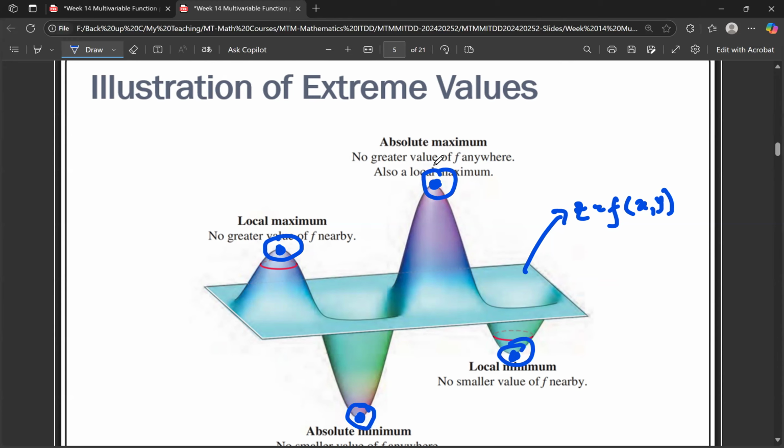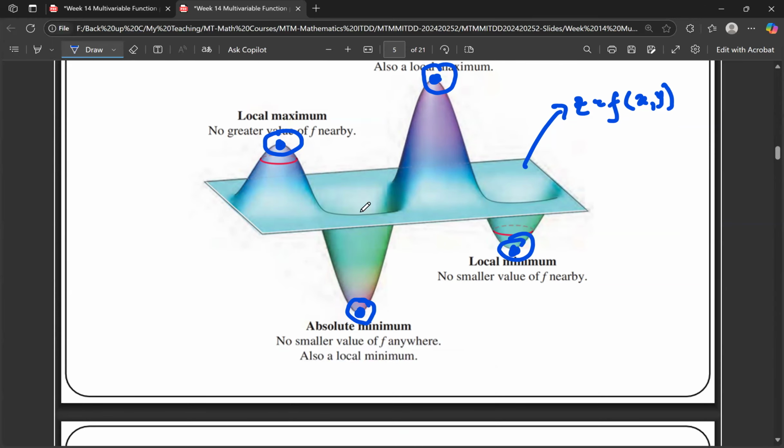The greatest maximum is called the absolute maximum, and the smallest value of the minimum is called the absolute minimum. The others might be called local: this is a local maximum, and this is a local minimum.